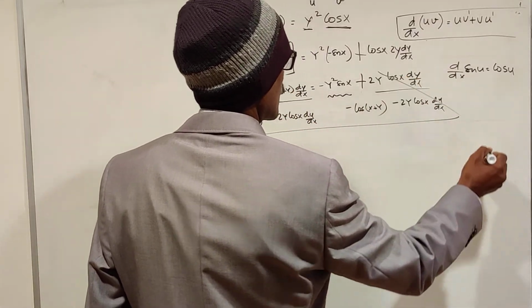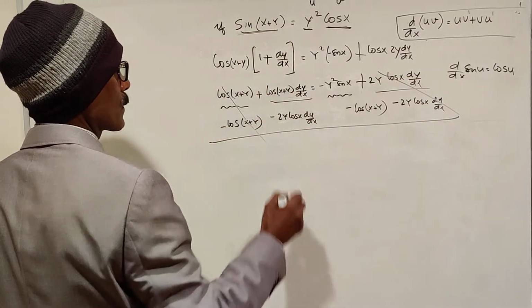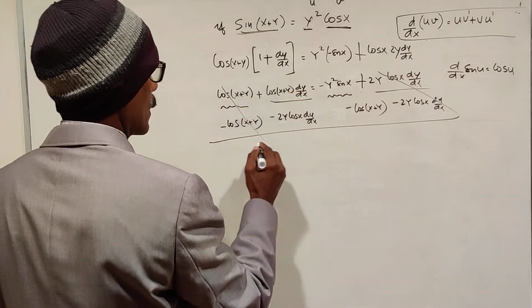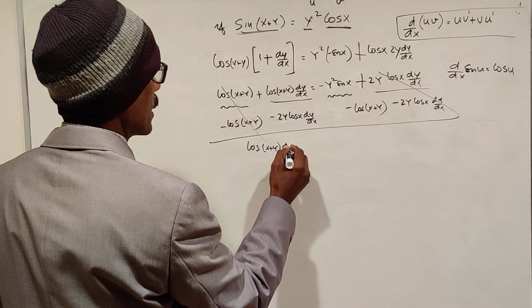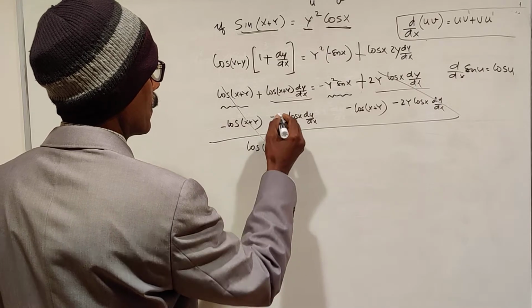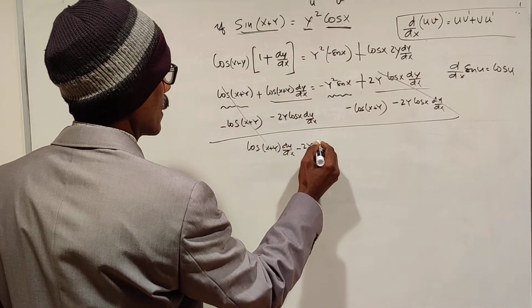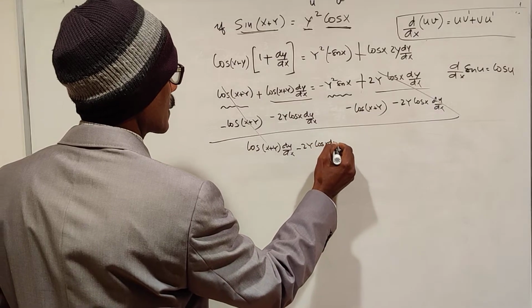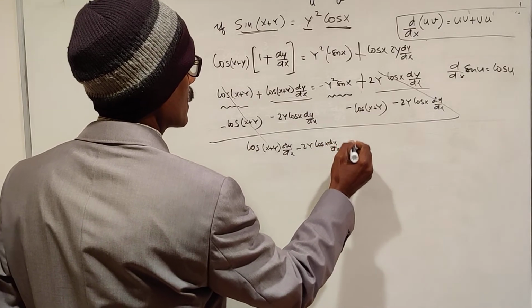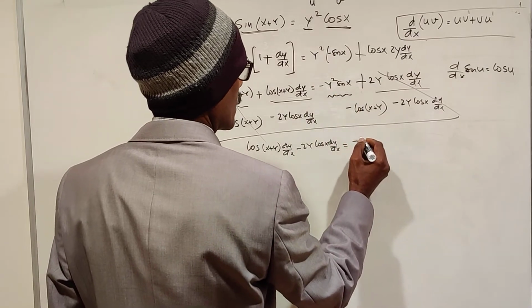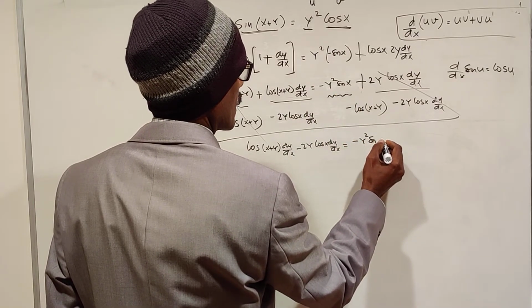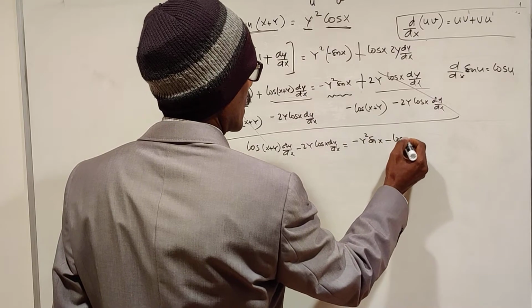So this one cancels out, this one also cancels out. So cos(x + y) dy by dx minus 2y cos x dy by dx equals minus y square sin x minus cos(x + y).